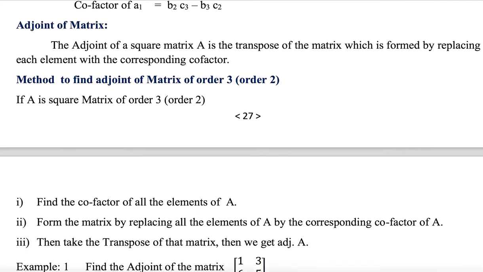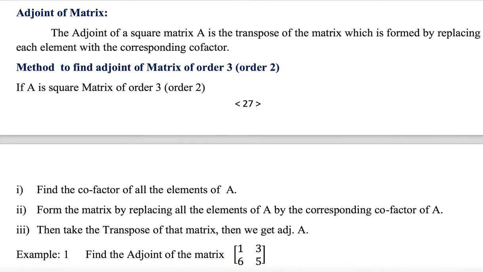So, the adjoint of a square matrix A is the transpose of the matrix which is formed by replacing each element with the corresponding cofactor. Got the point? Nothing but the transpose of the matrix which is formed by replacing each element with the corresponding cofactor.